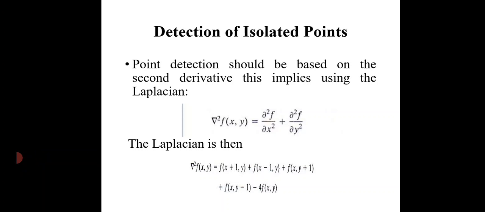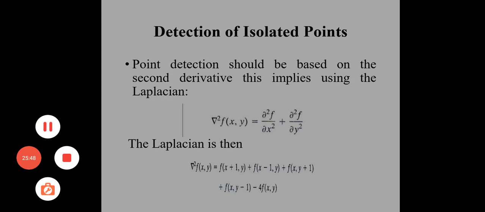Then the Laplacian is f of x plus 1, y plus f of x minus 1, y plus f of x, y plus 1 plus f of x, y minus 1 minus 4 f of x,y.